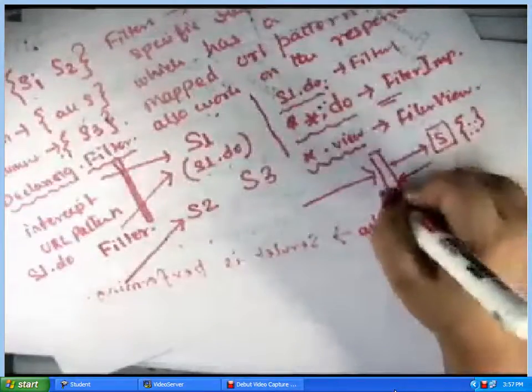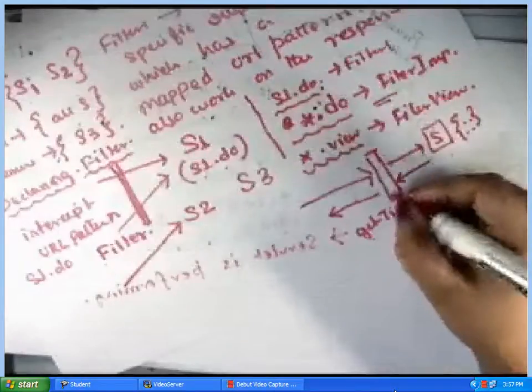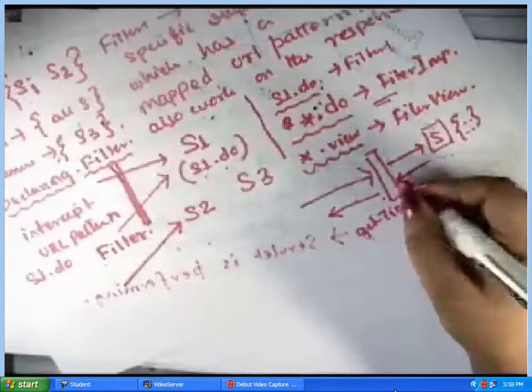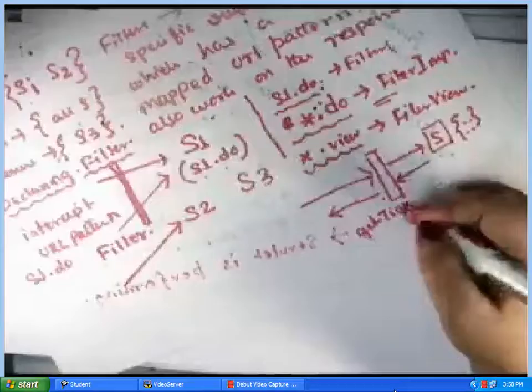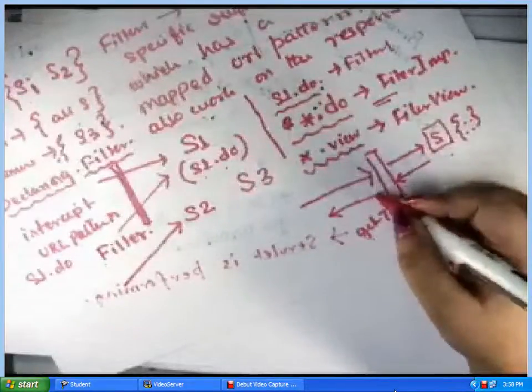Let's say while the response is returned, we may execute the get time method again on the response. So in a way we record the time again while the response comes, right?